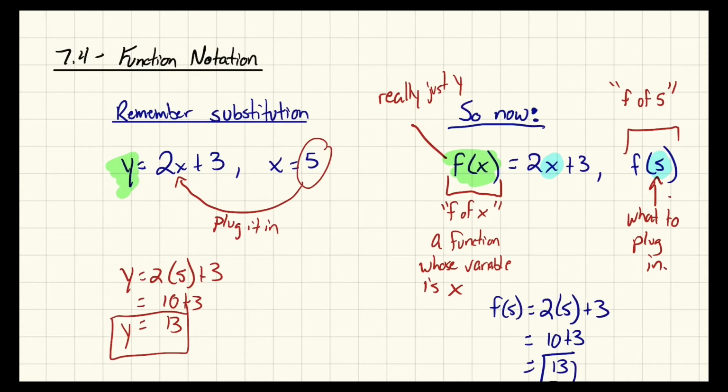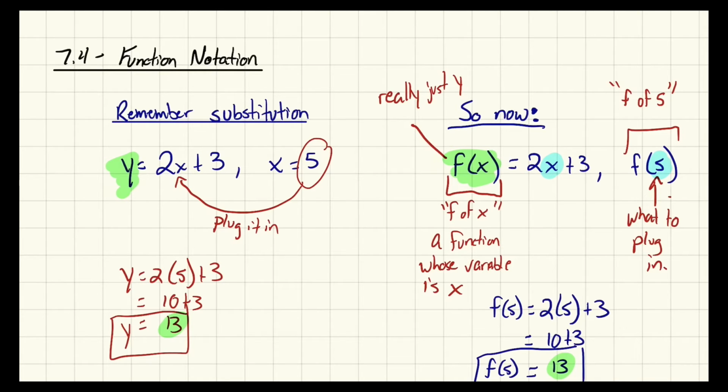You could also even just say, hey, f of 5 is equal to 13, which we know, like we said, f of x and y are the same thing. F of 5 is what we get when we plug in 5 to the equation. We get 13 out. Notice that these answers are exactly the same. So, we essentially have the same problem written out twice.